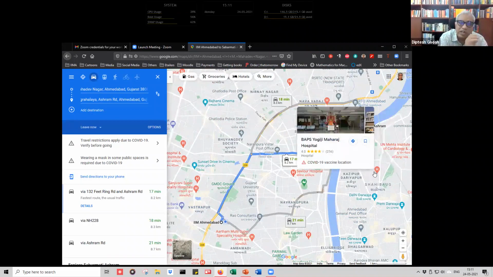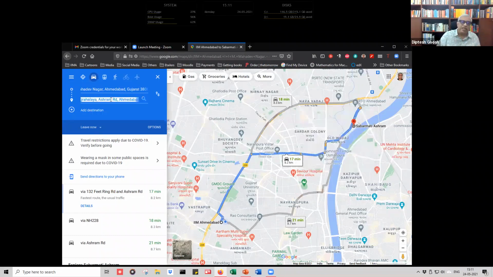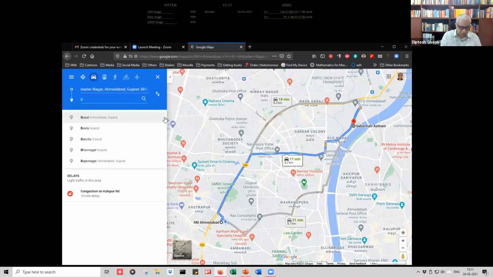Note the amount of time that it took to answer my question. Now, when I'm answering this question, the road network that Google is considering is the road network of Ahmedabad, specifically Western Ahmedabad, right? Now, let us scale the problem to a much higher level. Let us say that I'm sitting at IIMA Ahmedabad and I want to visit my parents who are in Kolkata. Okay, so let me type out my address in Kolkata.